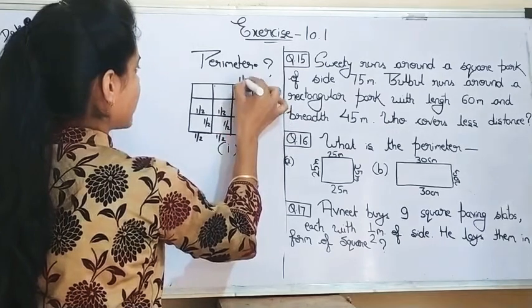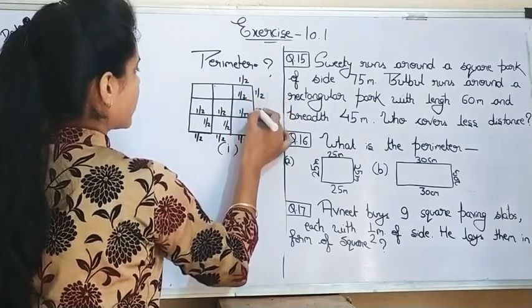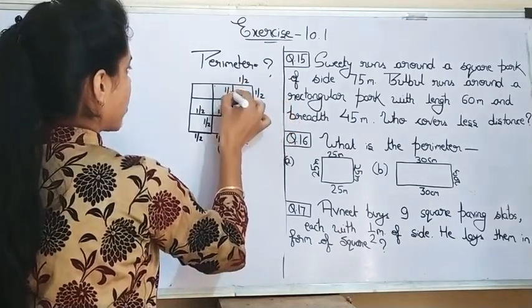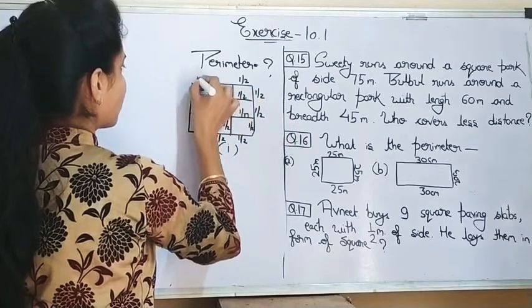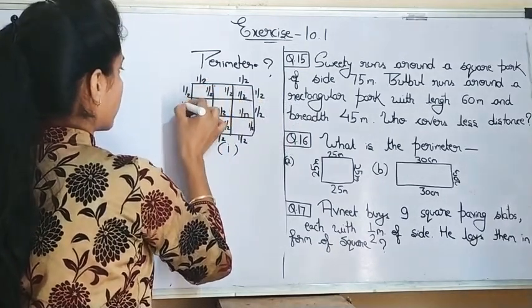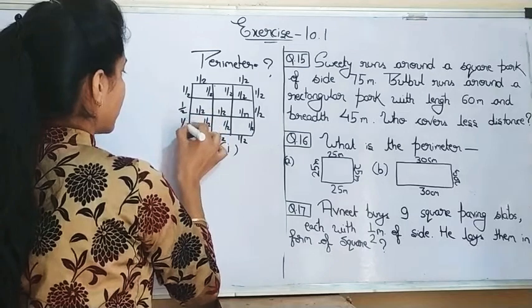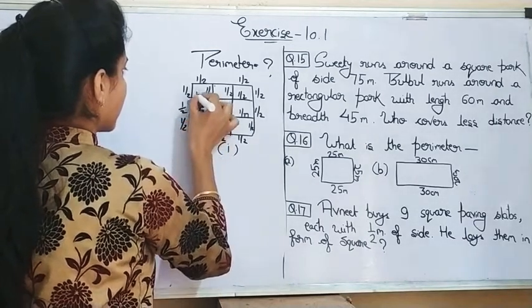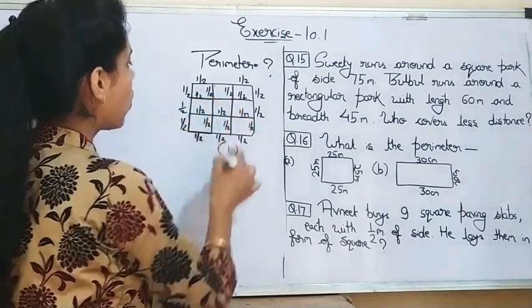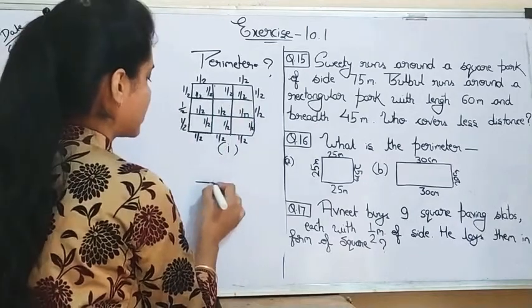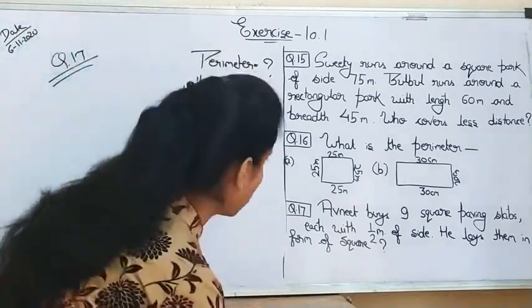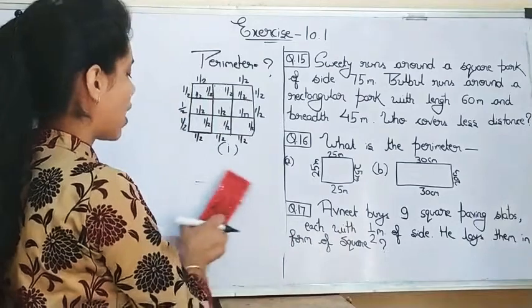All sides are half meter. Understood this thing?